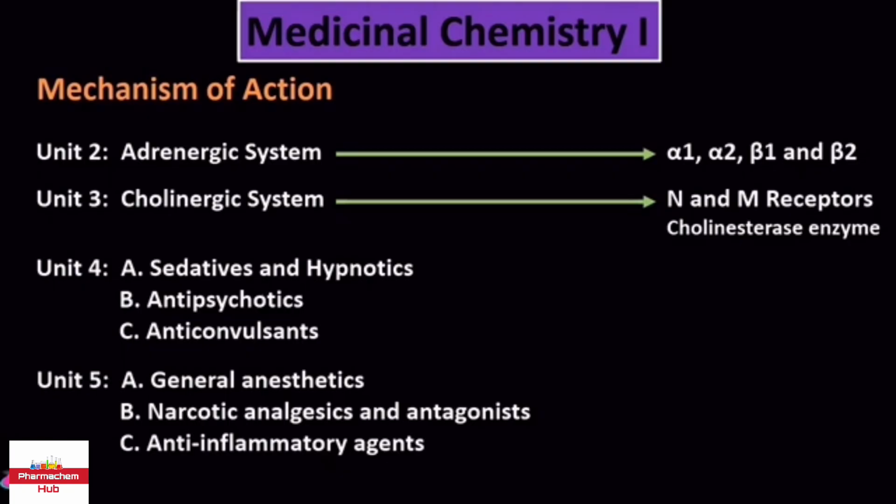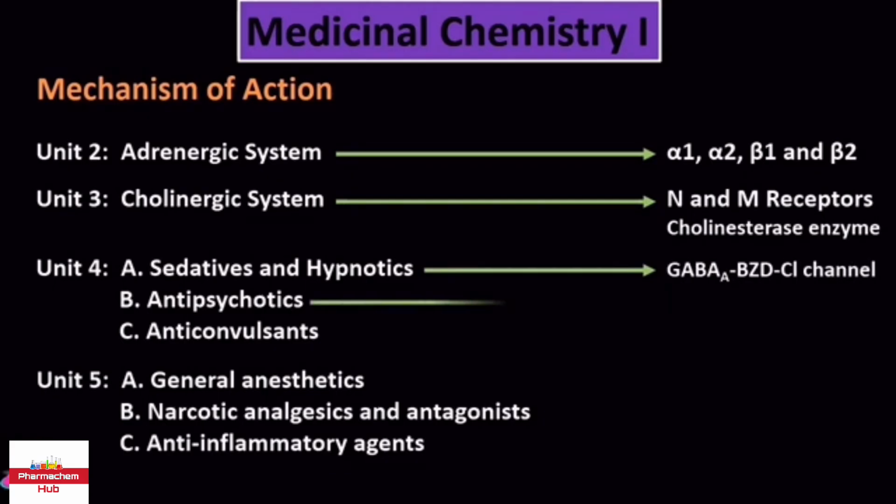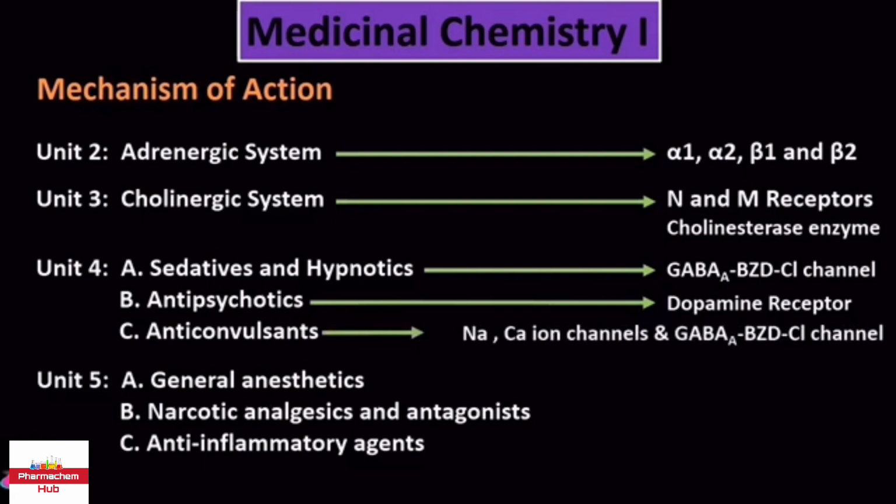Then in unit 4, sedatives and hypnotics have the primary action on the GABA-A benzodiazepine chloride channel complex, where barbiturates and benzodiazepines produce this action. Then in the antipsychotics, the drugs have the primary activity on the dopamine receptor. Then in the case of anticonvulsant drugs, the drugs have mainly actions on the sodium and calcium ion channels, and then the important target is the GABA-A benzodiazepine chloride channel.